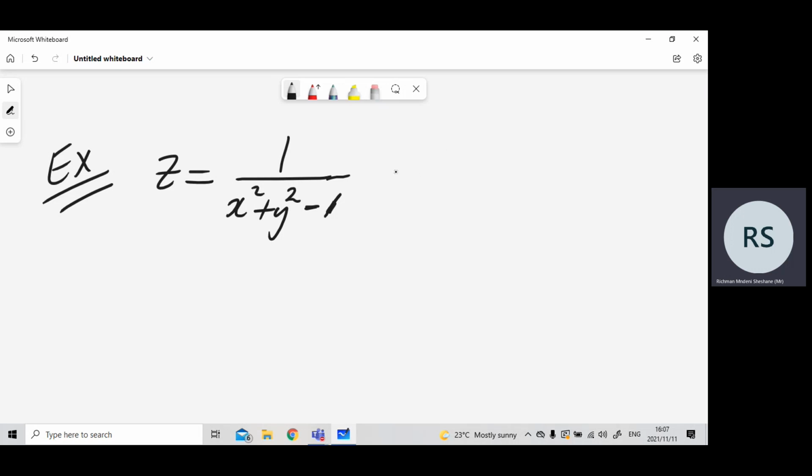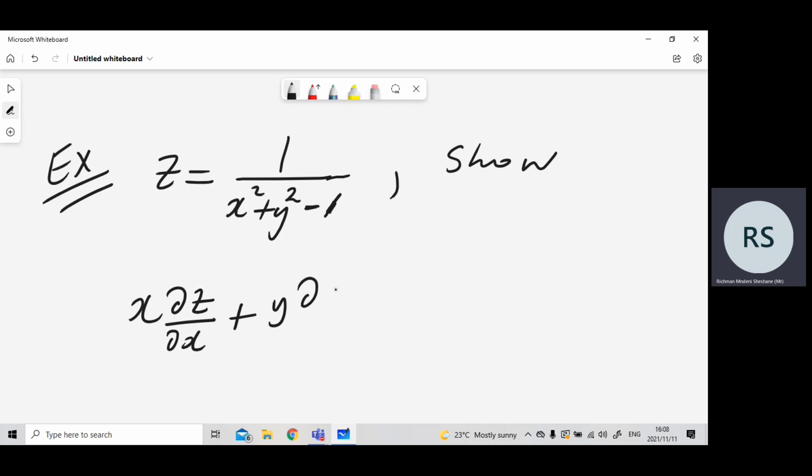I want you to show that x times the partial derivative of z with respect to x plus y times the first partial derivative of z with respect to y is equal to minus 2z times (1 plus z). Okay.